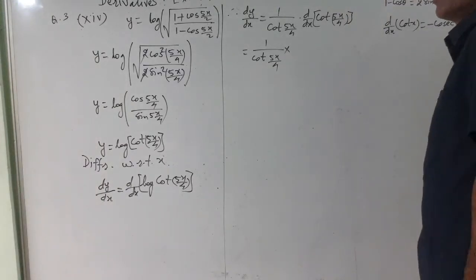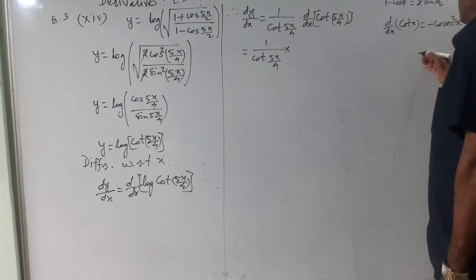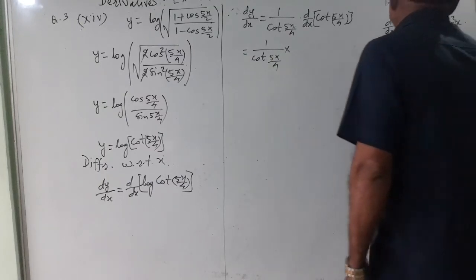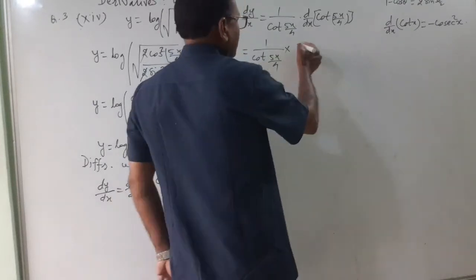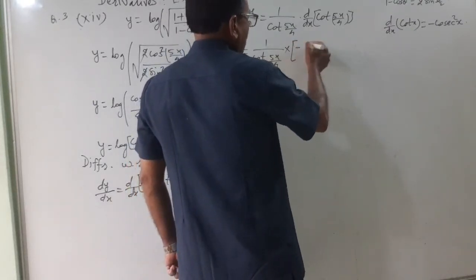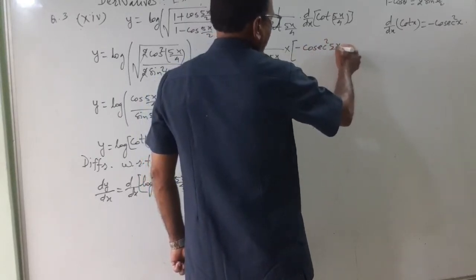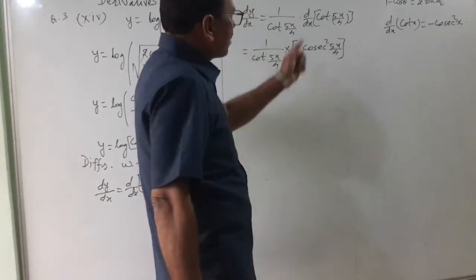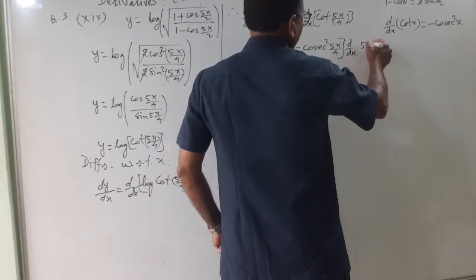All the derivatives, wherever c comes, cosec, cot, the derivatives are negative. So minus cosec square 5x by 4. Okay. But now the angle is not x, so into d by dx of 5x by 4.